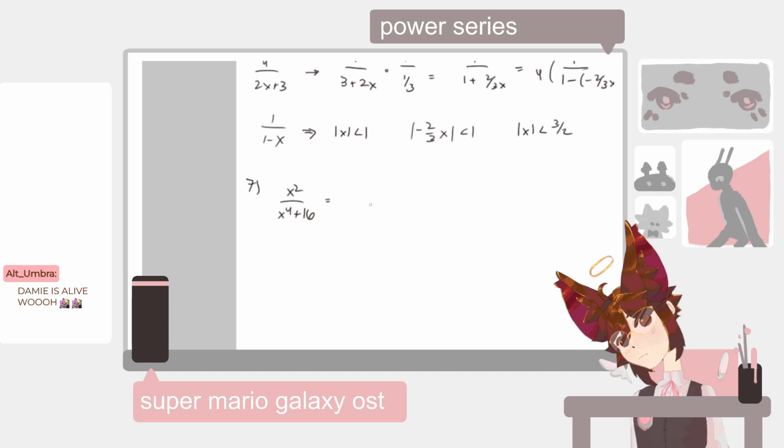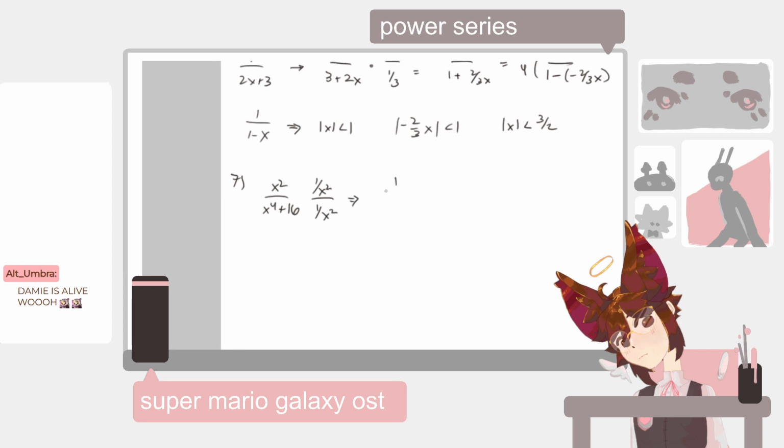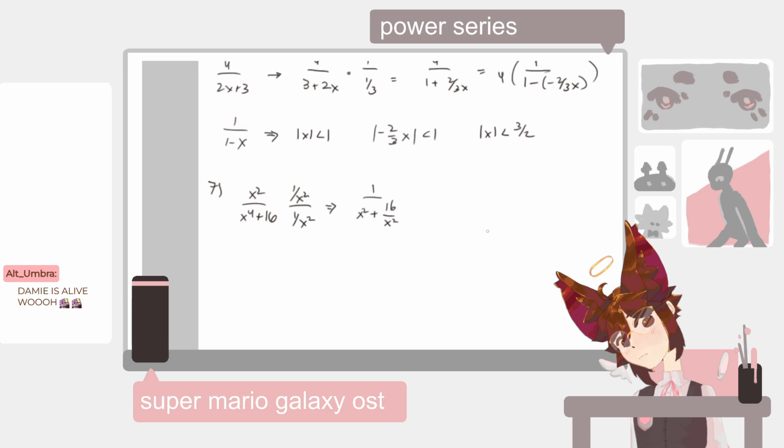I guess I could divide both the top and the bottom by x squared. Does that make sense? Yes. And this is just like, we're not even changing anything. Because it's going to be 1 over, this will be x squared plus 16 over x squared. And then we can factor out an x squared, I guess. Well, I don't really want to do that. That seems wrong.